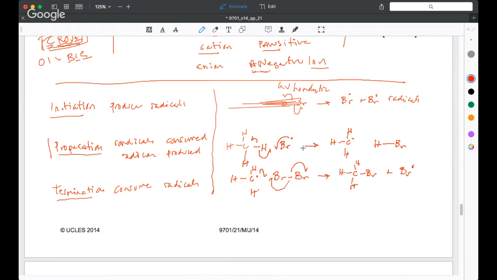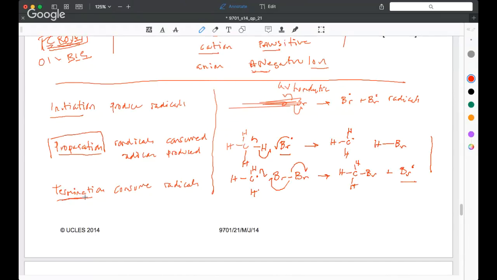Now, if you look, during this propagation step, we consumed a bromine radical and we produced a bromine radical. So as far as the reaction is concerned, a bromine radical is still available at the end of these two propagation steps and can go on to trigger more propagation steps as well. So that's the tricky part, this propagation reaction, because there's two steps within the propagation step itself.